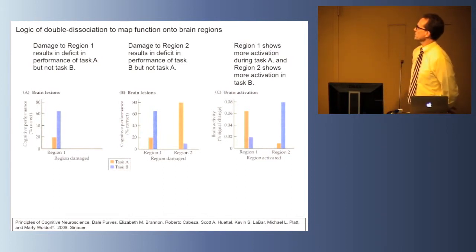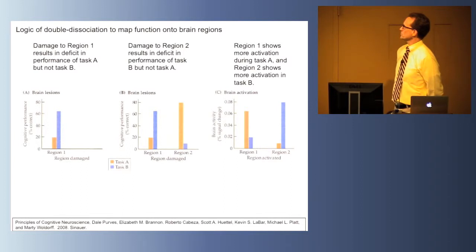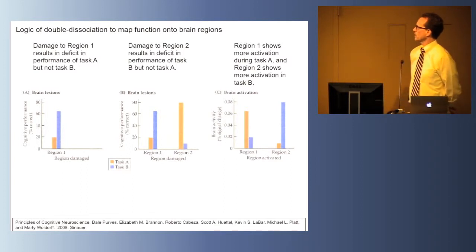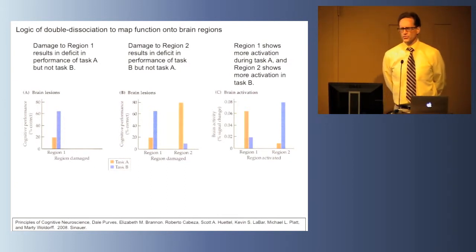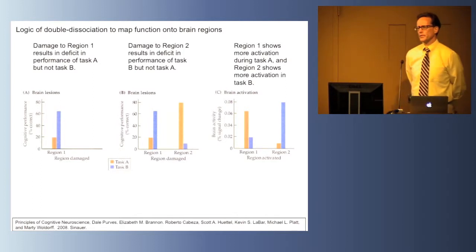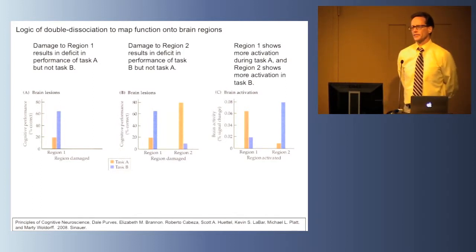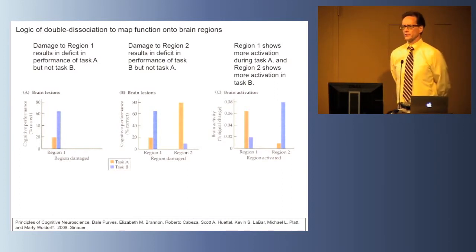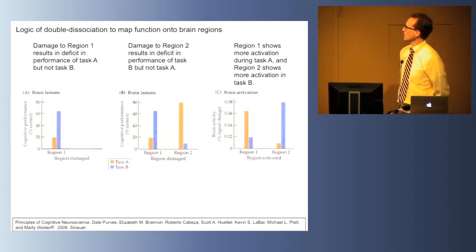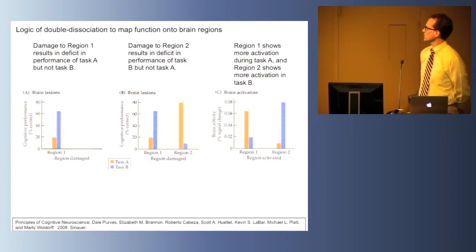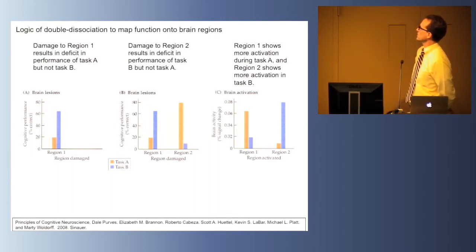So let's imagine that we damage one part of the brain, we'll call it region 1, and it results in a deficit in the performance of task A, but not task B. And so we can imagine region 1 to be visual cortex, and task A to be something that requires vision, where task B requires the sense of hearing. All right? And so on the lower left, we see the performance on task A and task B following damage to region 1.